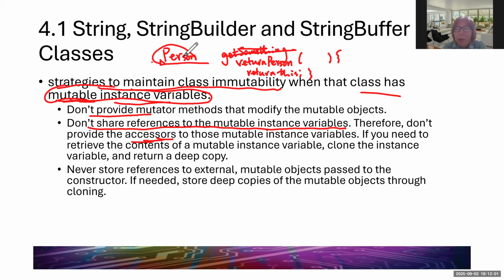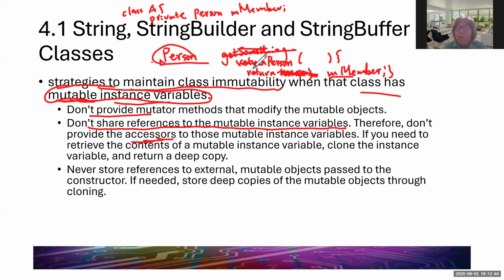Even though you don't provide a mutator, suppose you have another class A, and within that class you have a member of type Person, called member. Generally speaking, what we return is that member.